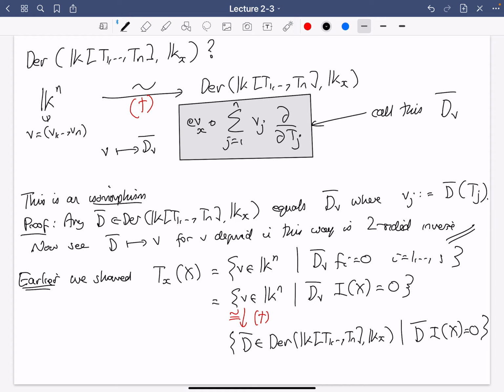Right, so I'm just sending the v's in the first set to the dv bars. So that's just an isomorphic copy of this same vector space.